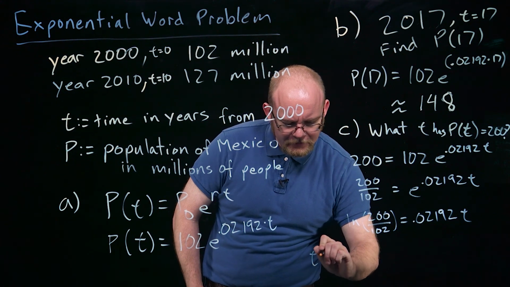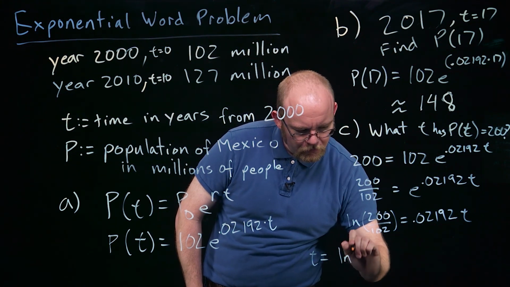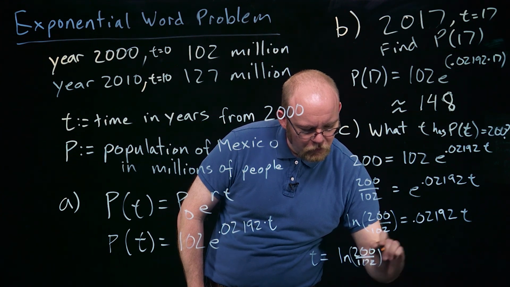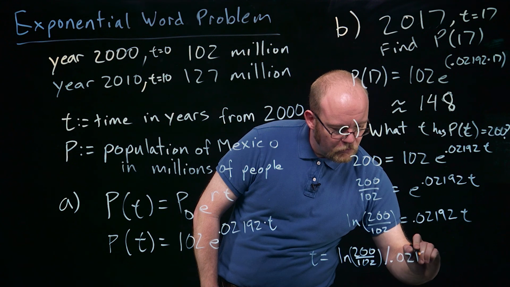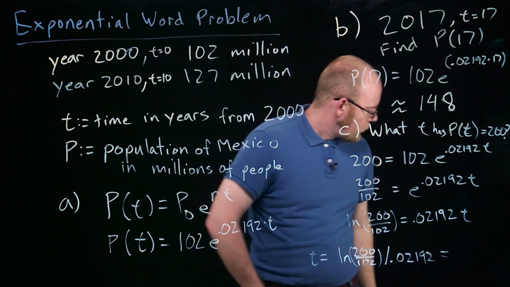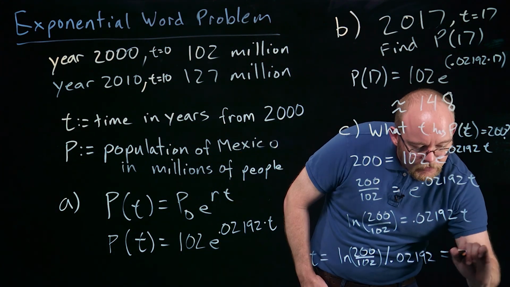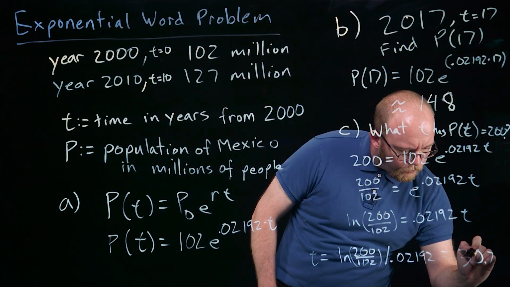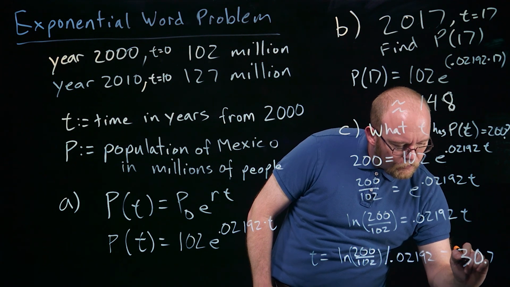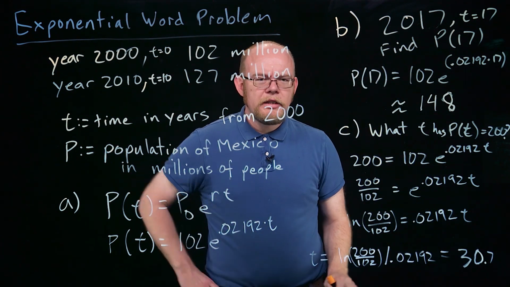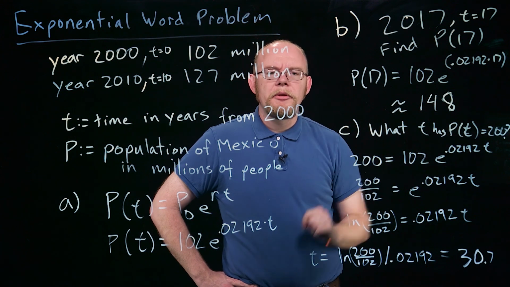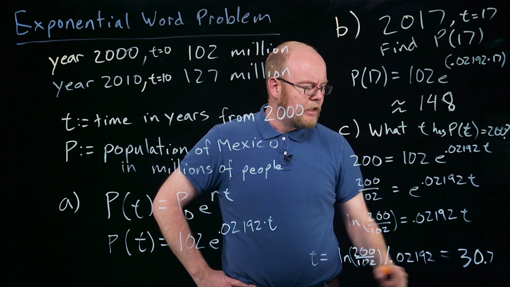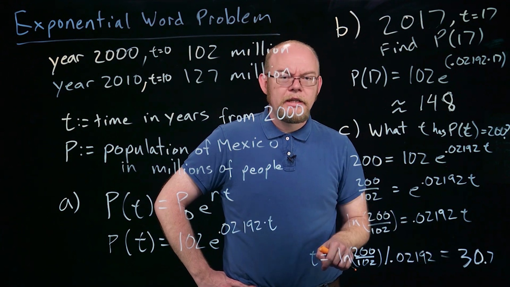So if we do that, that'll give us 30.7. So that's telling us that if we want to know when the population will hit 200 million people in Mexico, this model is going to estimate that it'll take 30 years and then 7/10 of a year.